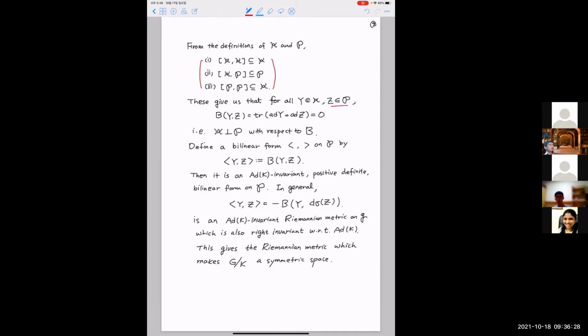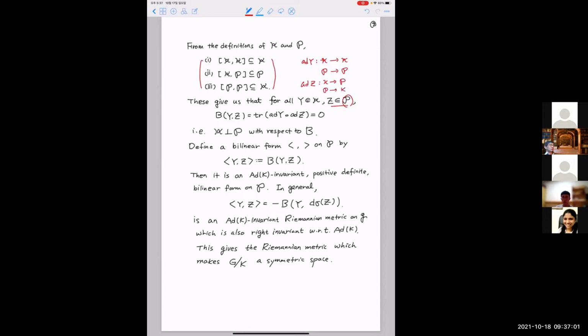Because adjoint Y maps 𝔨 to 𝔨 and 𝔭 to 𝔭, and adjoint Z, since Z is in 𝔭, maps 𝔨 to 𝔭 and 𝔭 to 𝔨.